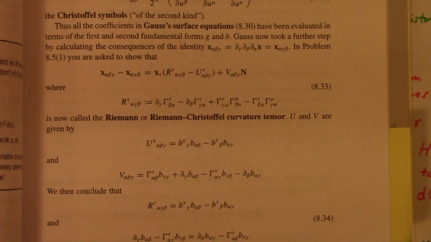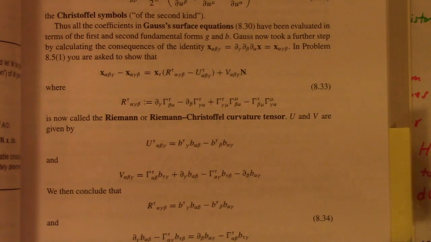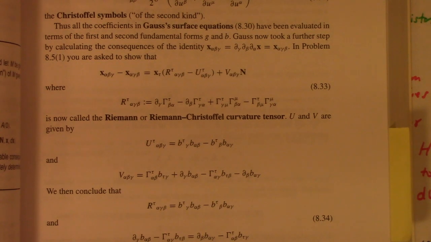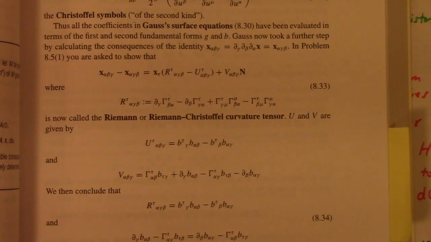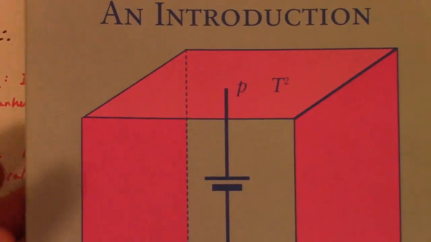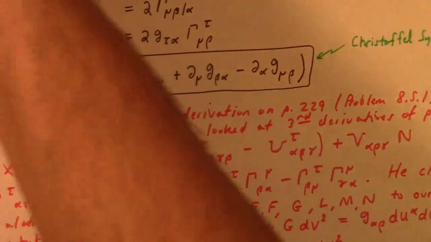He also mentions that these equations right here, 8.34, are so-called integrability conditions, and if they're satisfied with two matrices which are given, then those matrices can serve as the first and second fundamental forms for a surface in R3. He also mentions that Bonnet showed that these conditions are sufficient to ensure the local existence in R3 of a surface having those prescribed first and second fundamental forms, which I think is interesting. Wait, let me get back to the relativity here.